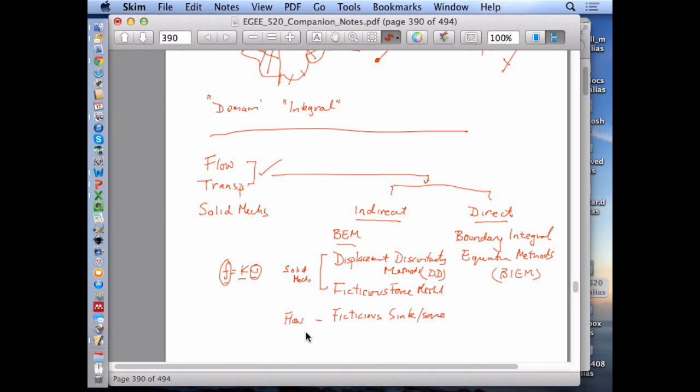So indirect methods require a couple of things. They require that you solve the system in 2 steps rather than in 1 step. And the 2 steps are, one is to apply a distribution of these fundamental solutions that satisfy the boundary conditions. And then, with those appropriate distribution of fundamental solutions, apply them again to be able to figure out what the complementary boundary condition is at those locations.